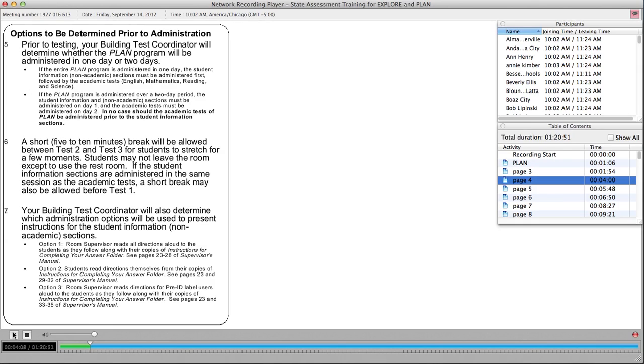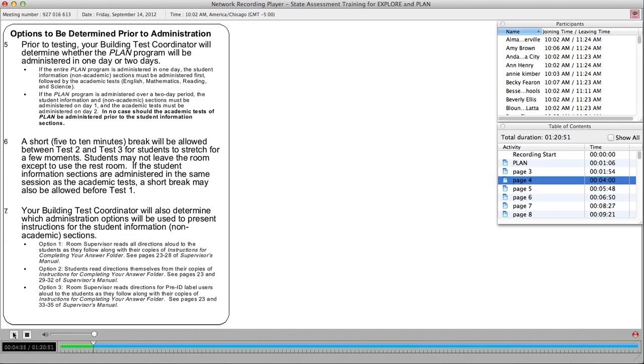When you go to options 5, 6, and 7, you'll see that prior to testing, your building test coordinator will need to determine whether the Plan will be administered in a 1 or 2 day administration. If you do choose the 2-day administration, the non-cognitive or non-academic parts must be administered first.